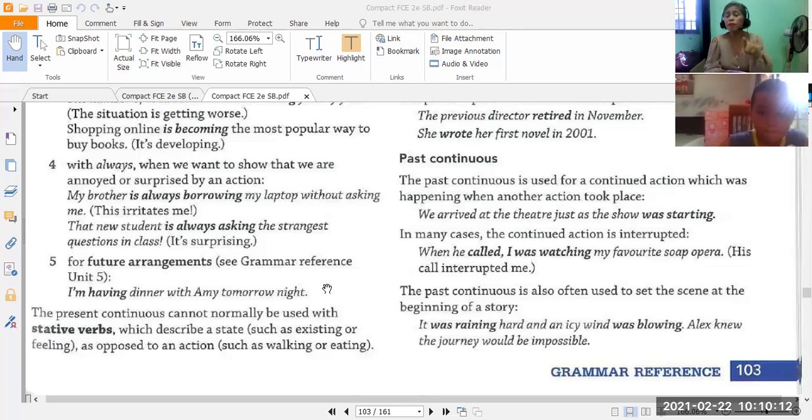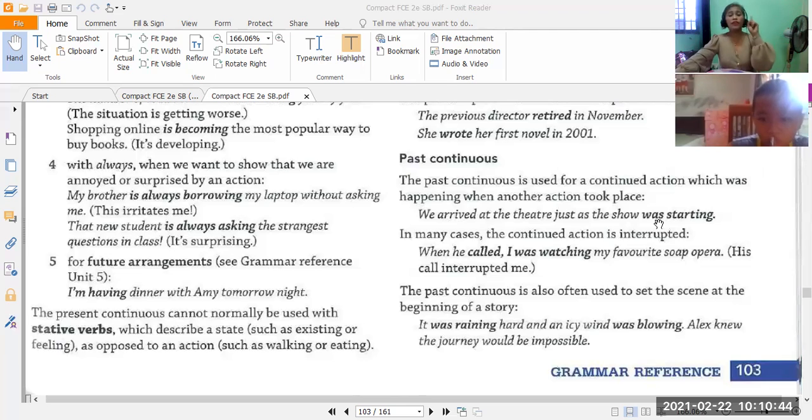It means we arrived already. We arrived at the theater, oh, you are late. The moment Teacher Anne arrived in the theater, the show was starting. This action is past, not now, because of the words arrived and was.